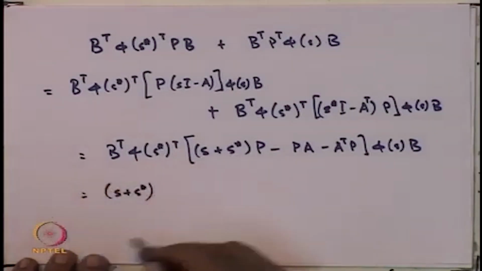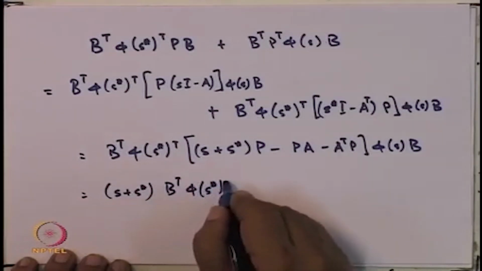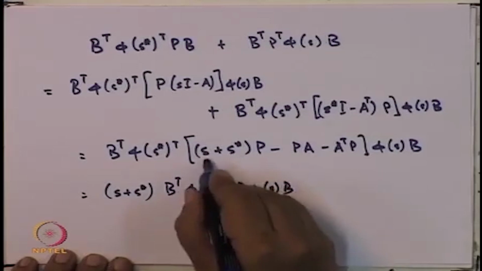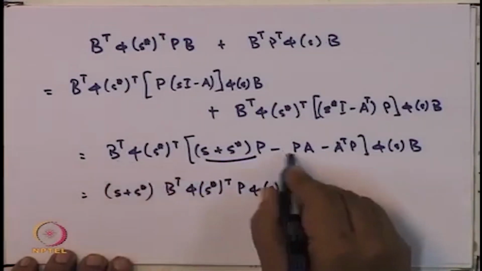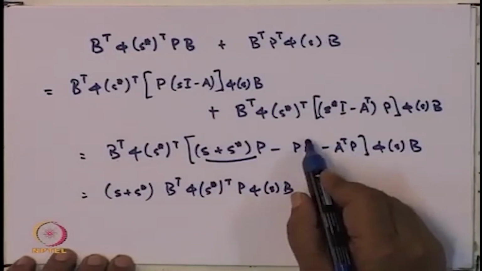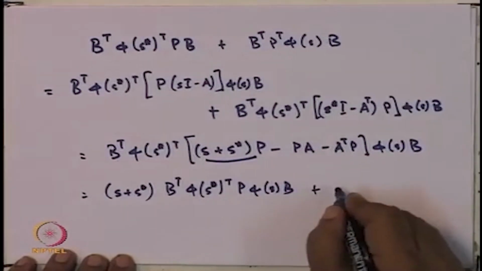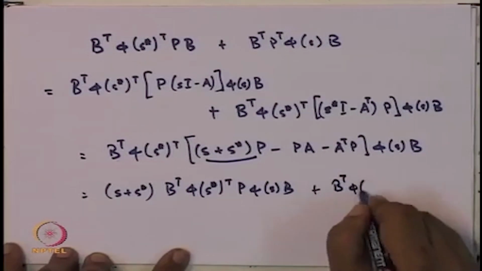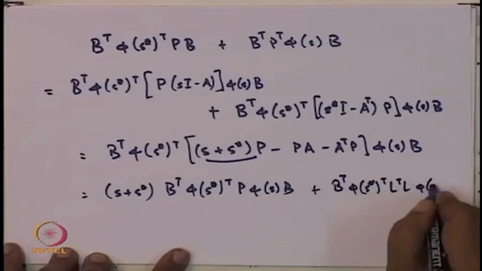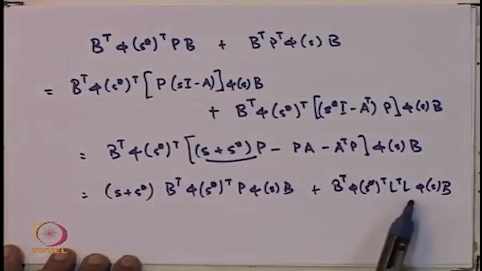These are just scalars, so I can pull them out: B transpose phi S star transpose P phi S B. And the other portion, P A plus A transpose P, should equal minus L transpose L. So I substitute that, and I end up with B transpose phi S star transpose L transpose L phi S B.